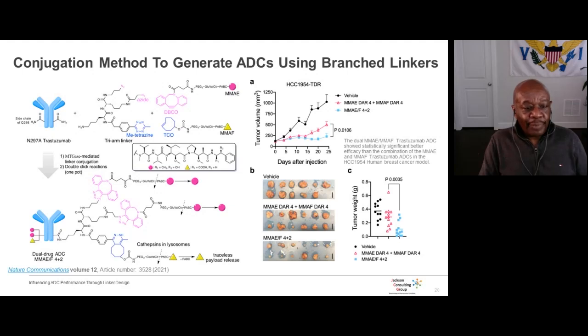This is a one-pot reaction, and I'm pretty sure Matt is going to talk about this a little bit more in his part of this presentation. But the take-home message is that you can get more bang for the buck. You can get two linker payloads conjugated to your ADC, giving you a DAR of between 4 and 2.